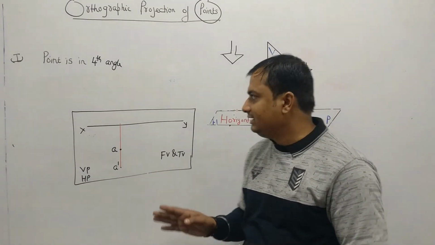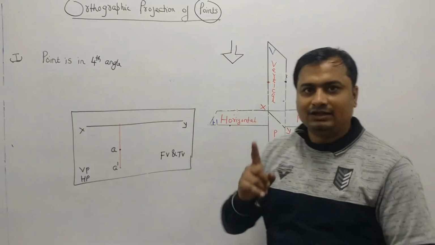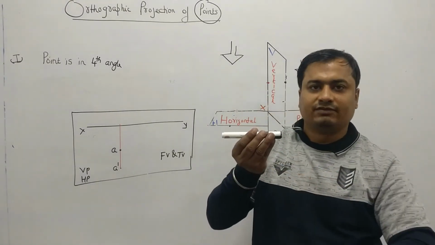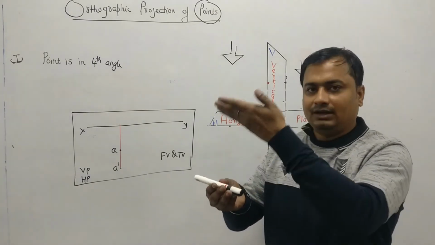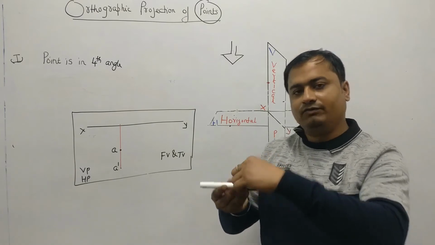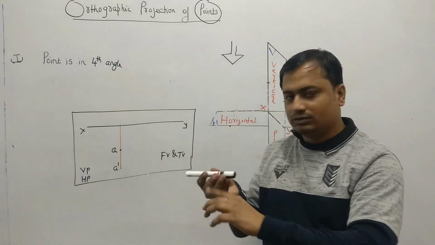So what we have seen in the four angles: in the first angle, the front view is above XY and the top view is below XY. In the second angle, both are above XY. In the third angle, the front view becomes below XY, the top view above XY. In the fourth angle, both are below XY.